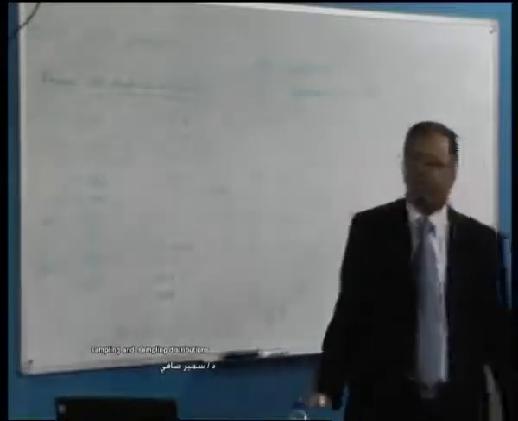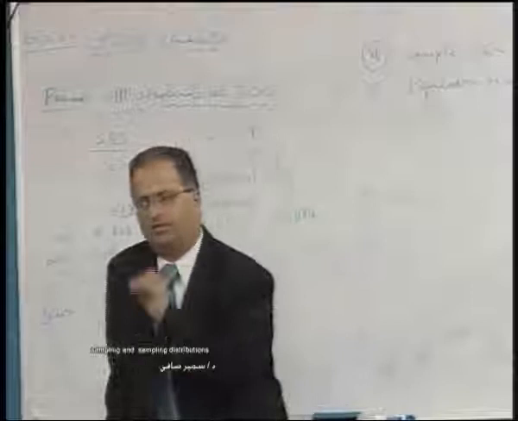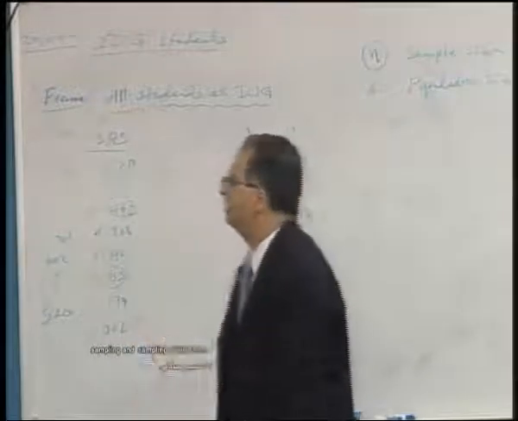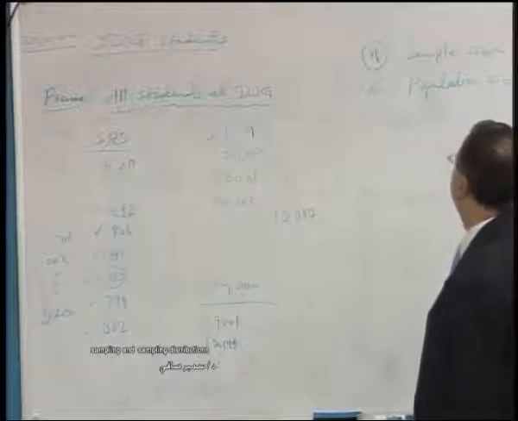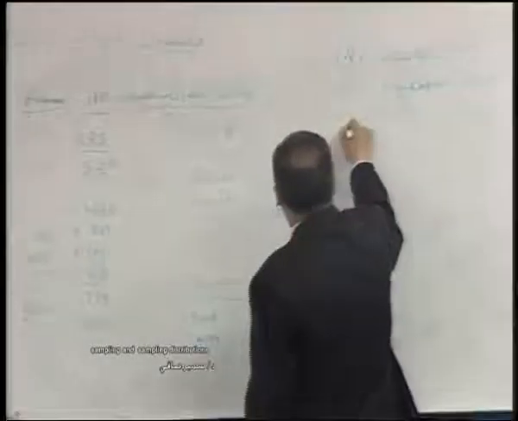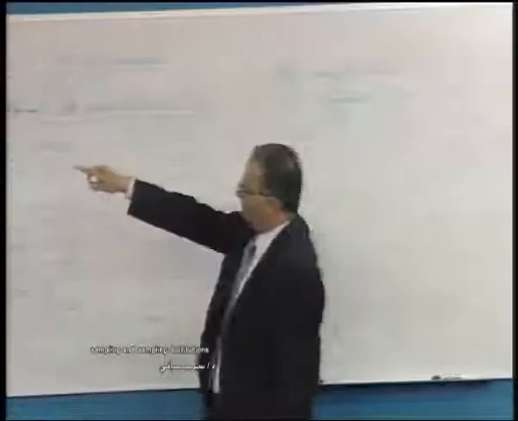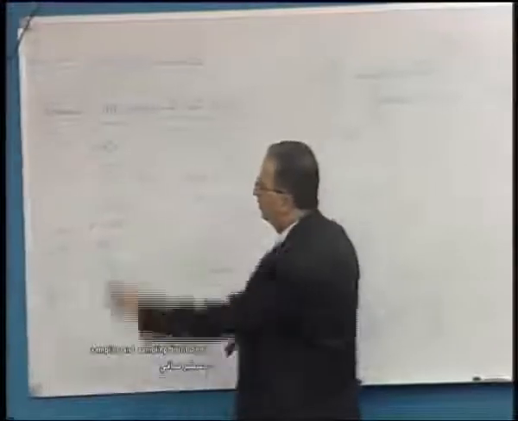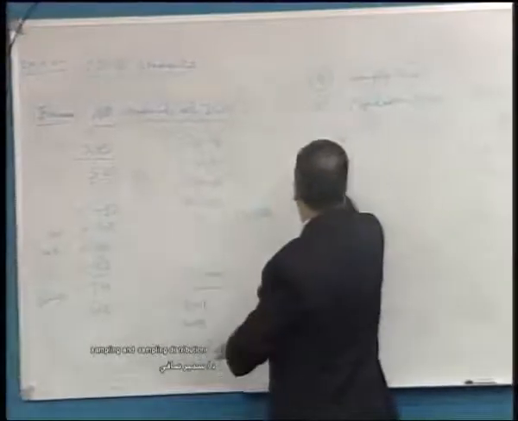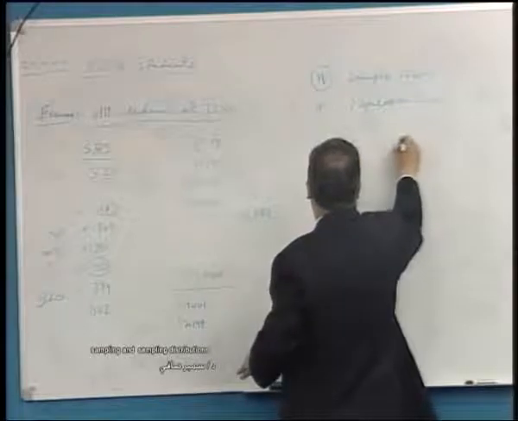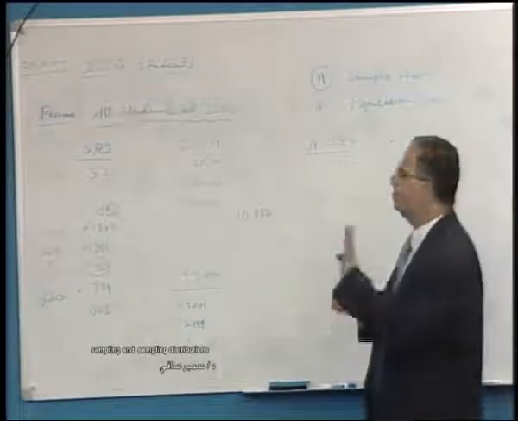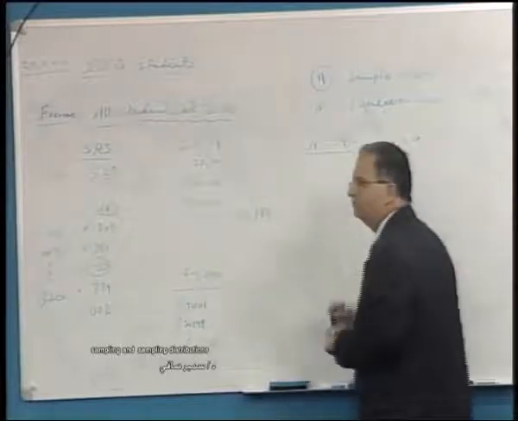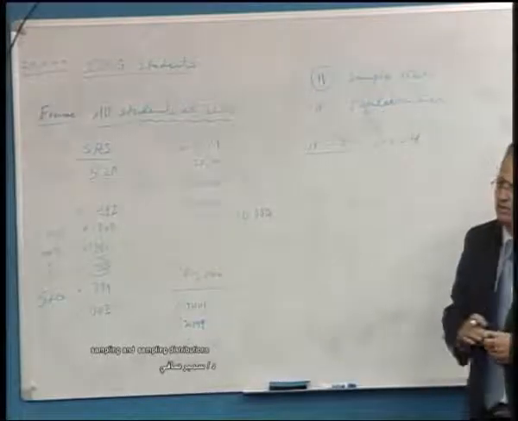Let's see how we can choose a systematic random sample from that population. For example, for this specific slide there are 40 items in the population, and my goal is to select a sample of size 4 by using a systematic random sample.